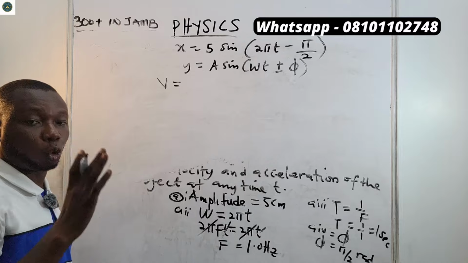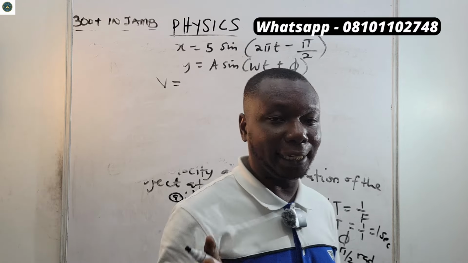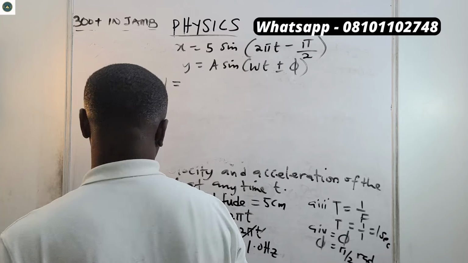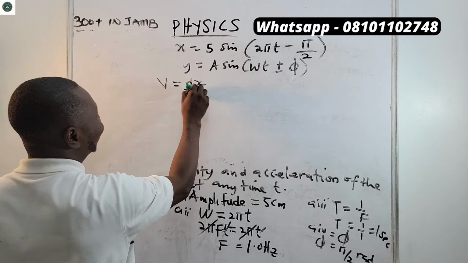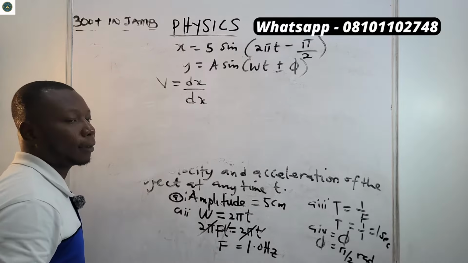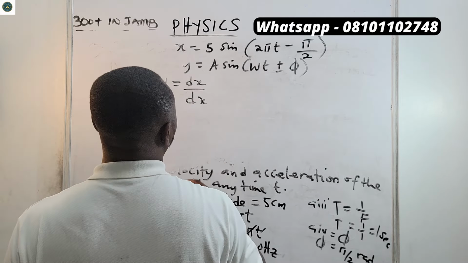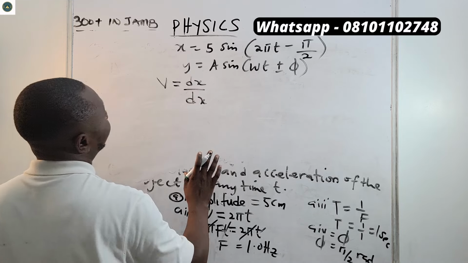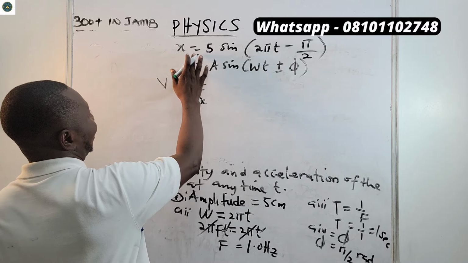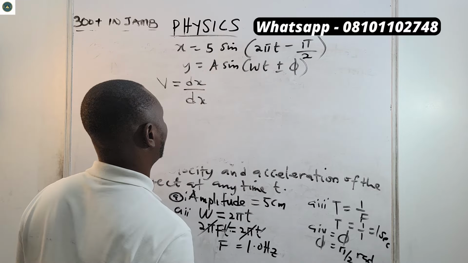Velocity is the first order differential, while acceleration is the second order differential. So v equals dx/dt. Now, we have a displacement equation, x equals 5 sine (2 pi t minus pi over 2).